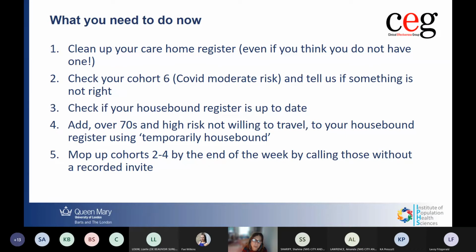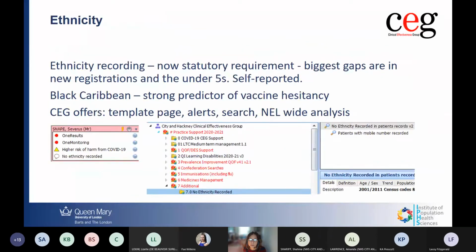We are pulling up the code for housebound. So if you've got people in the proactive care register who aren't coded as housebound, please put the code housebound on those people. I talked about the temporarily housebound earlier on, and I also showed you the invitation code. So if you look at that and think, but we've invited these people, go and put the code in for invitation by using the template. You can do that.